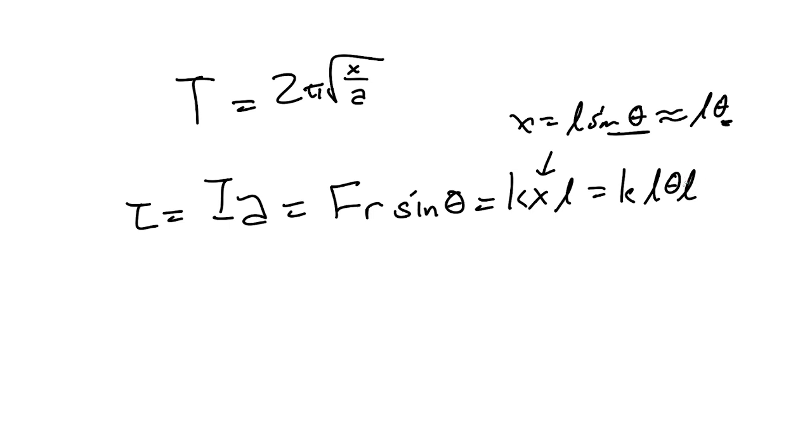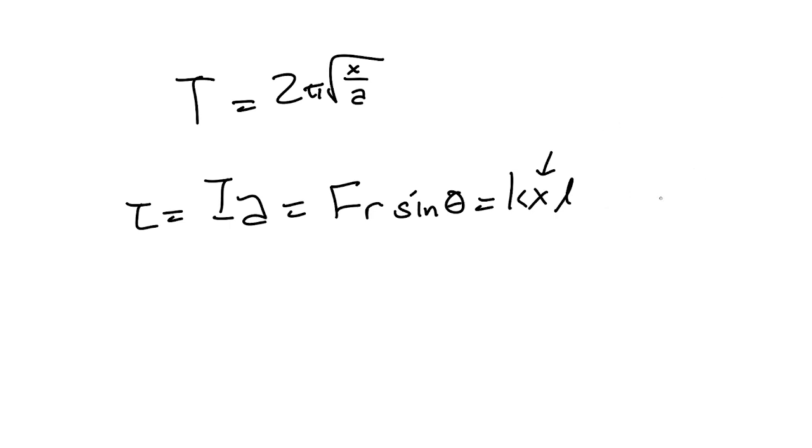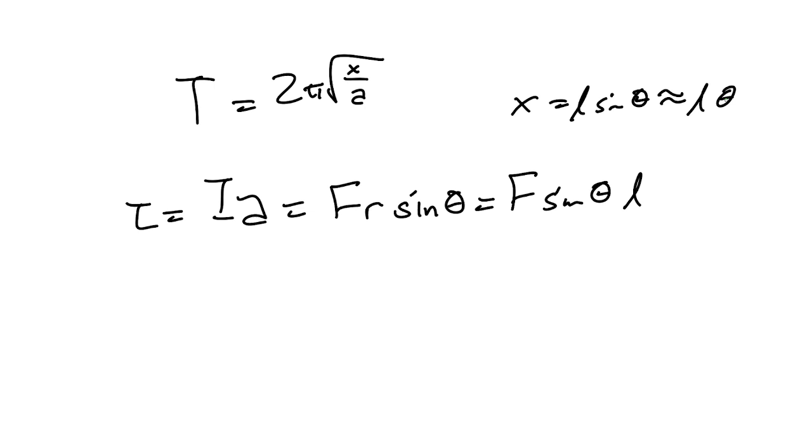And so, wait, no, I did this in the wrong order. Sorry. And so that means that we can say that this is F sine theta times our L, right? And the thing is that our x is equal to L sine of theta, which is approximately L theta, as said before. And remember, we can approximate this as well. So we have kL theta times L, which means that this can just be kxL, right?